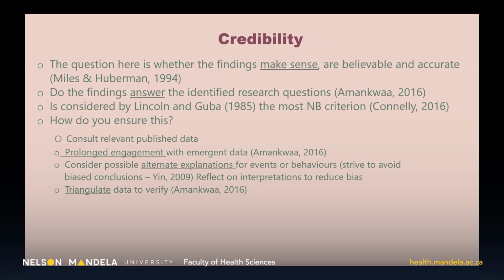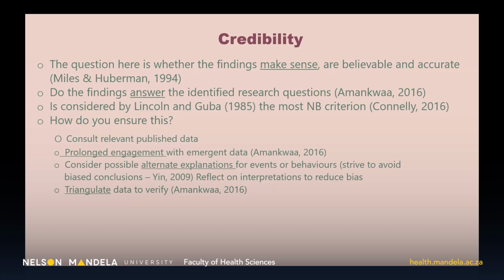The question here is whether the findings make sense, are believable, are accurate. Do they answer the identified question? If they're off topic, if they don't give an understanding, if they don't really relate to what you're doing, they're tangential, then they aren't useful anymore.